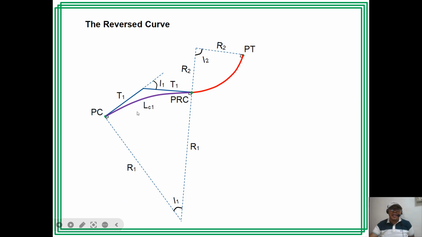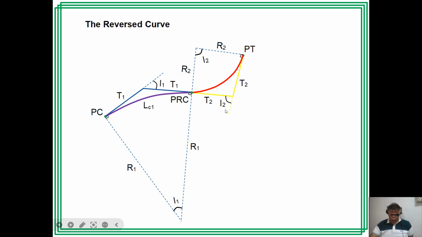Then we have the length of curve 1, LC1. Then going to curve 2, we have the tangent T2. T1 and T2 are called the common tangents of the reverse curve.